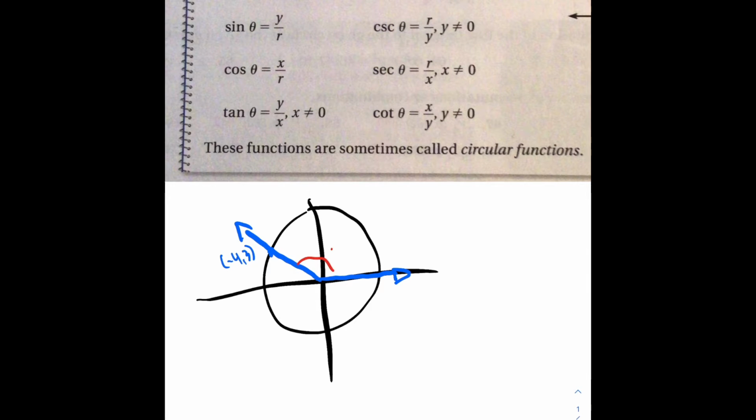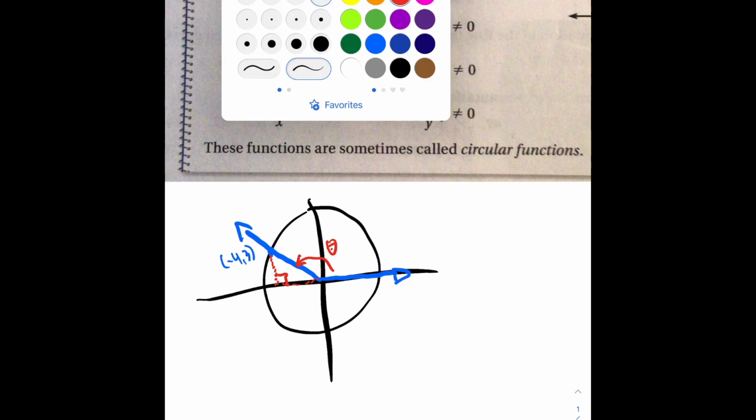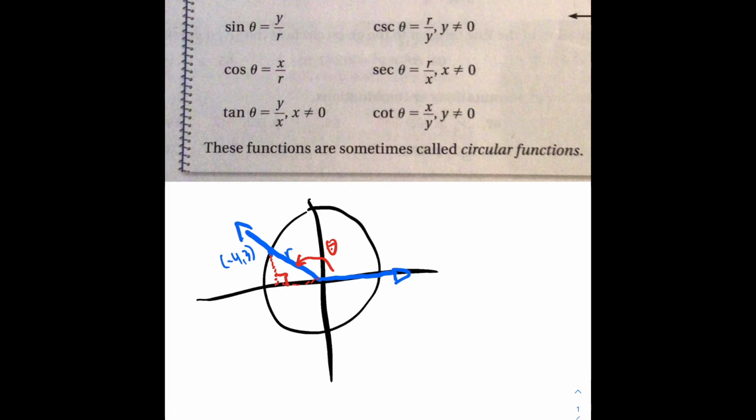This is the angle I'm looking for. This is theta. And then I'm going to draw this in right here and create a right triangle. The radius of my circle is going to be called r. So again, this distance is r because it's the radius.